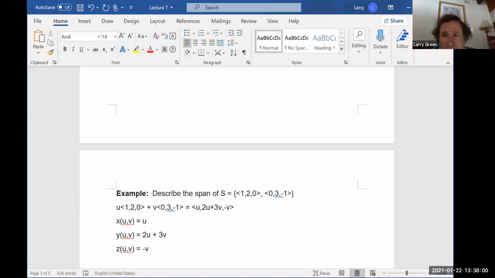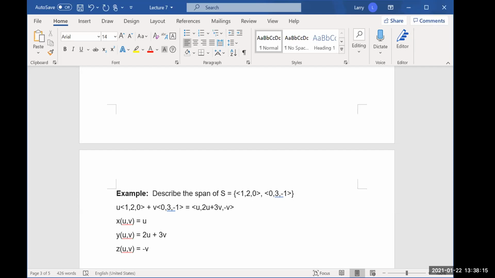Where have you seen something like this before? Jacobians. Maybe Jacobians, but they don't have to be that fancy. But same course. The second calculus course we took, the one where we had derivatives of multiple variable functions.